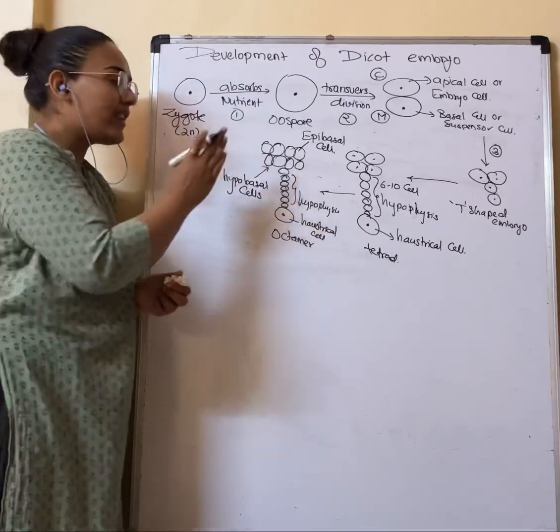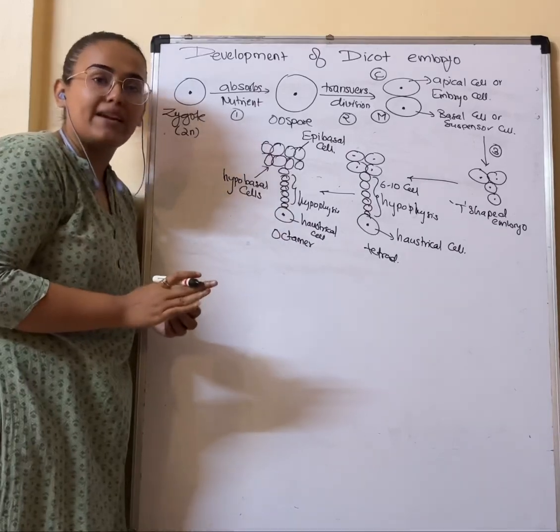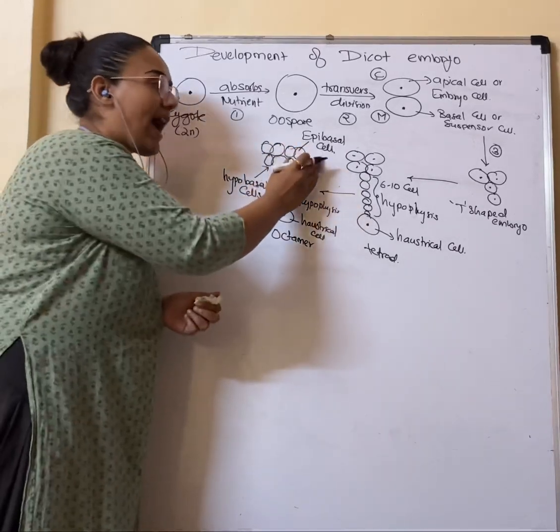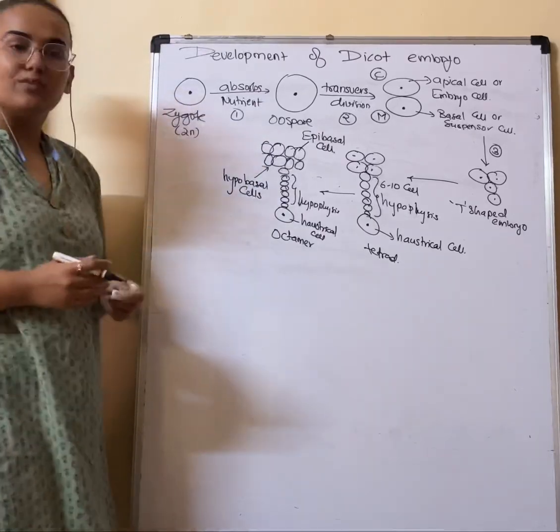They have equal importance: hypobasal will help in the development of roots, whereas epibasal will help in the development of shoot. Now, let's move further.